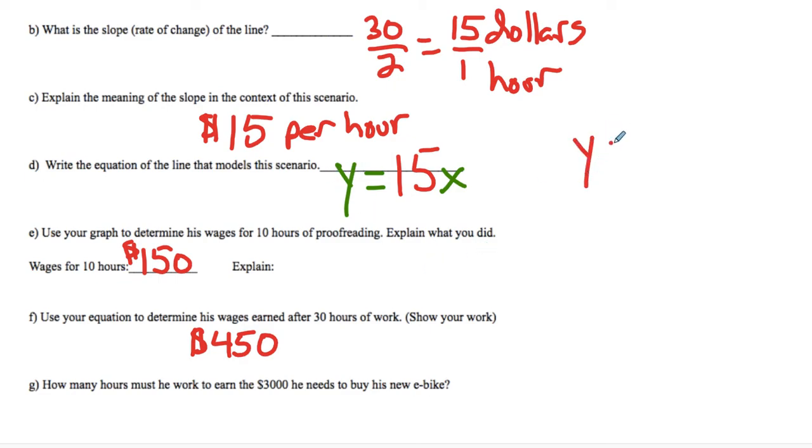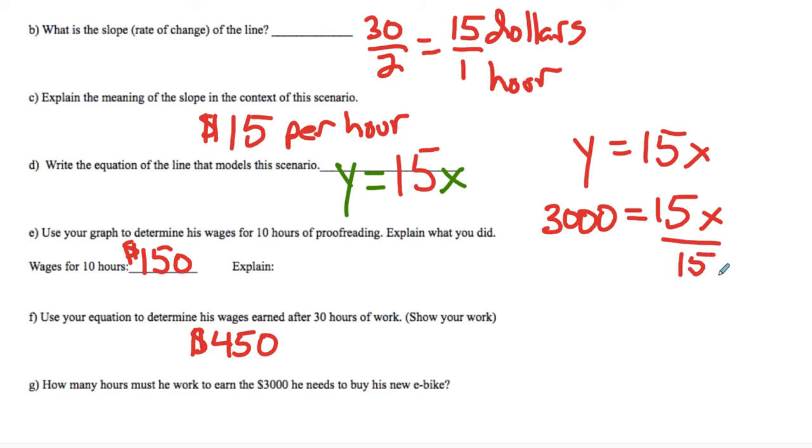So I'm going to use my model, y equals 15x. But my y value is what I need to replace this time, that I want to be 3,000. So 3,000 equals 15 times my number of hours. And this is what I'm trying to find. So I just have a simple one-step equation here.